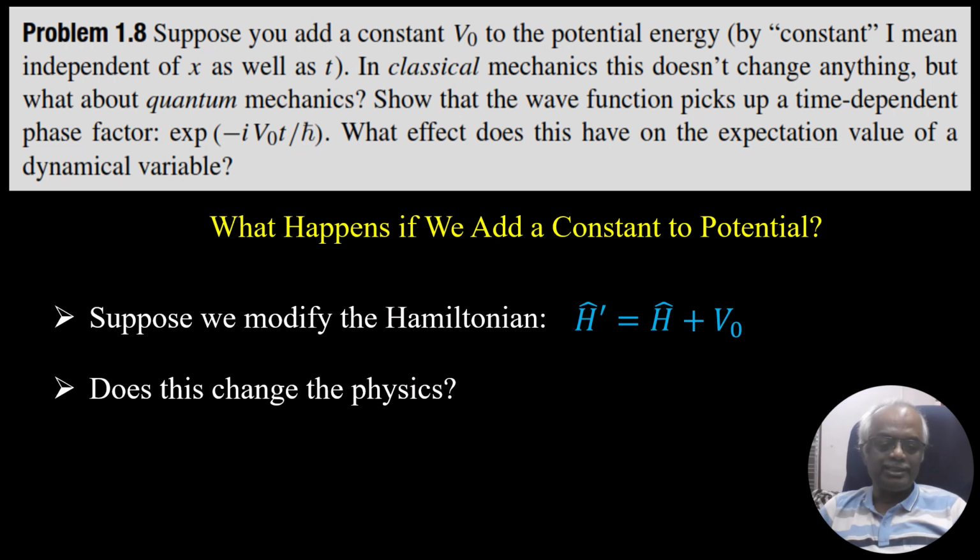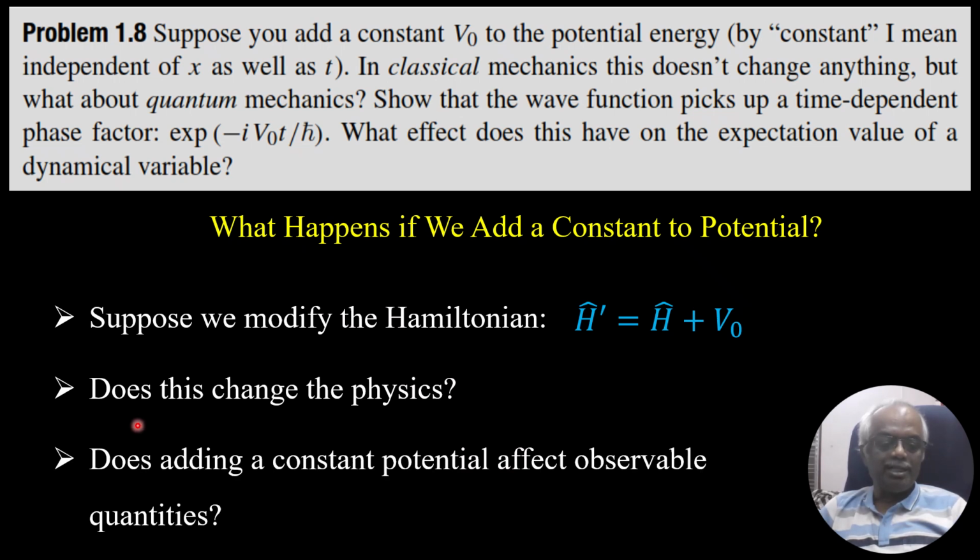Another question is: does adding a constant potential affect the observable quantity? Here we cannot measure the wave function, but we can measure the density, whether we can observe quantities like position, momentum or probability.